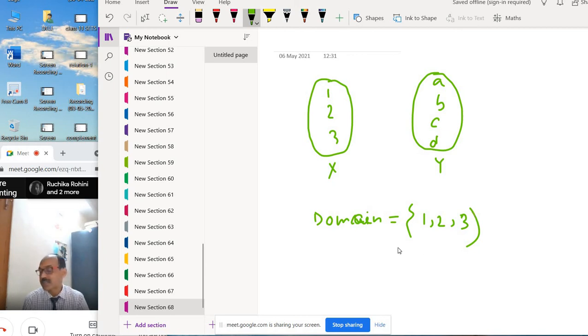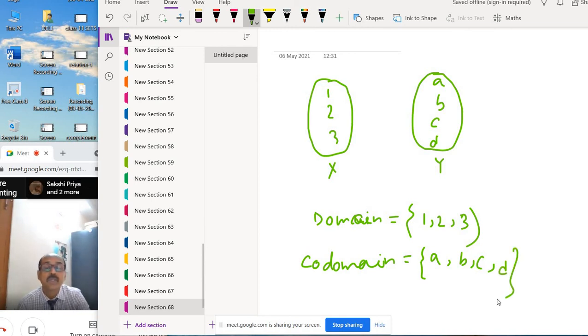First set elements are the domain, and all the elements of the second set, A, B, C, D, are the codomain.